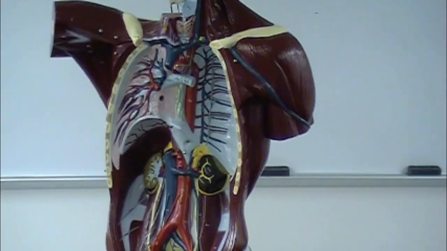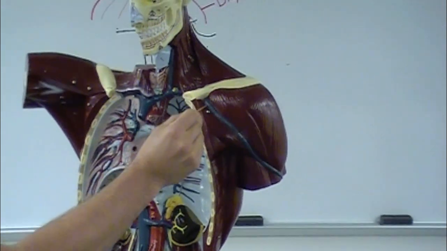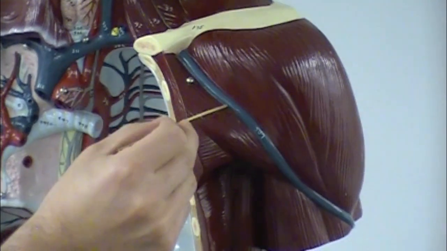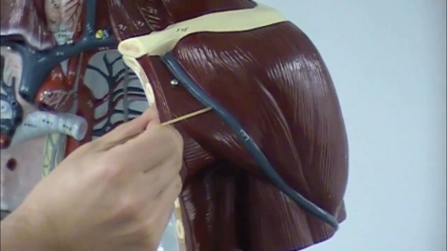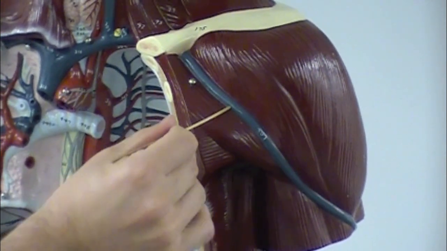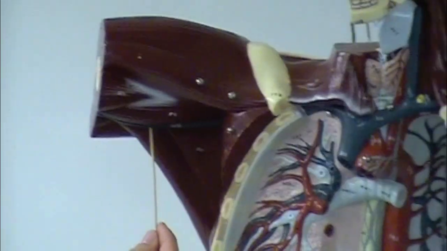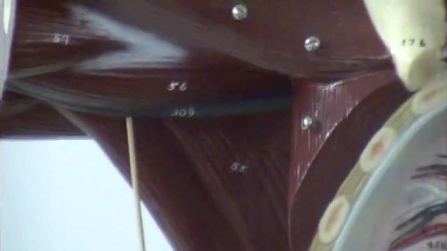we'll look at the veins. Right here will be the cephalic vein. Then over on this side, underneath the arm, that will be the axillary vein.